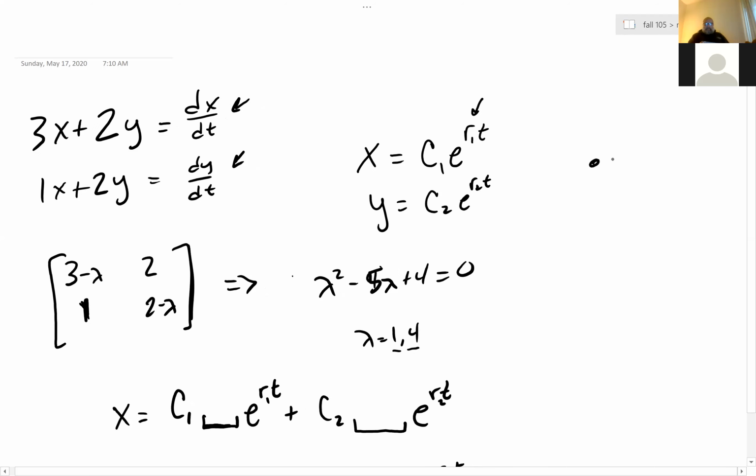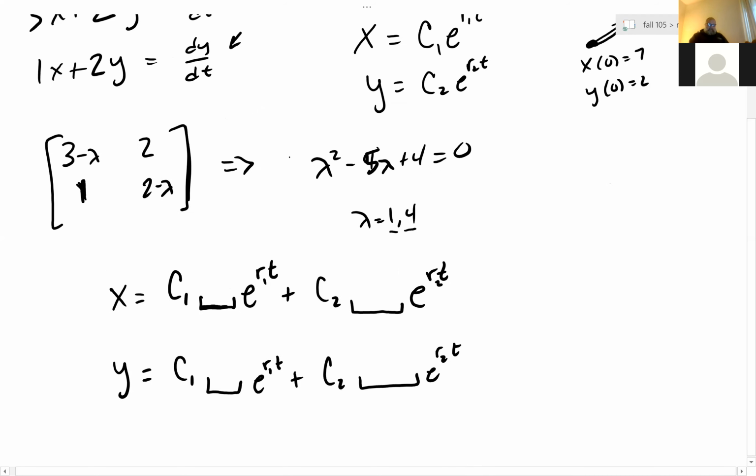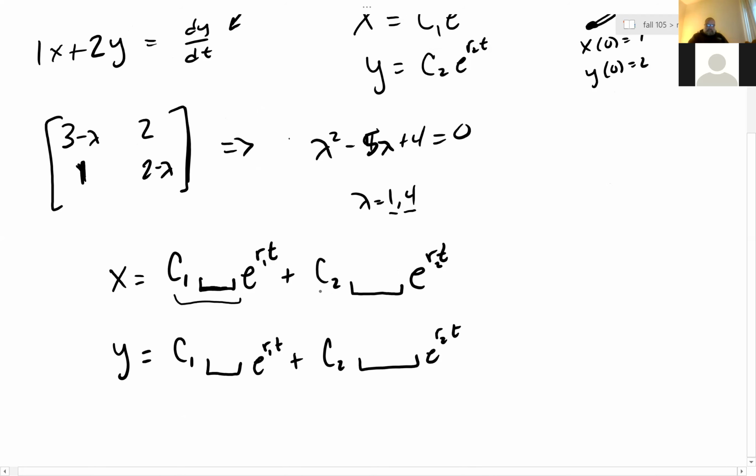You're at a point and you knew what the slope was, so could you approximate it? Sure, you could. But you had to know where you started. And so you're going to know an initial value for x and some initial value for y. Let's say it's 2, whatever it is. But you only know 2 initial conditions. By my count, you're going to have 1, 2, 3, 4 unknowns.